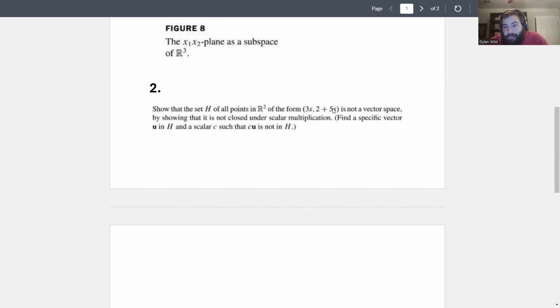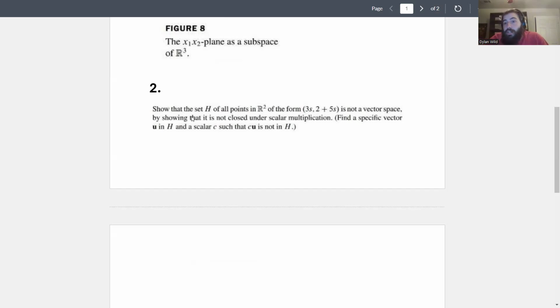However, with what we just did, where we said s is equal to 1 and scaled it by 2, we actually got our second entry of the vector to be 14. It's that inconsistency between those second entries that sums up what the question is trying to have us do, which is find some way of showing that it's not closed under scalar multiplication.